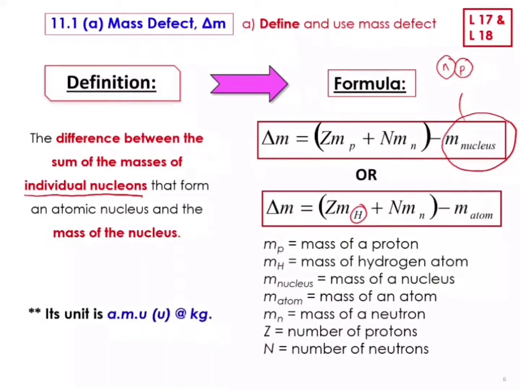So let's say the question asks us to find the mass defect, but what is given is the mass of atom. Which is the atom? The whole, consisting of the nucleus and the electrons. So we use the second equation.